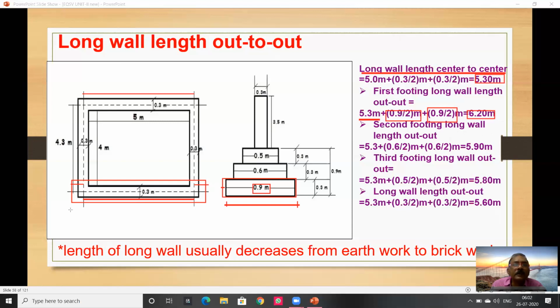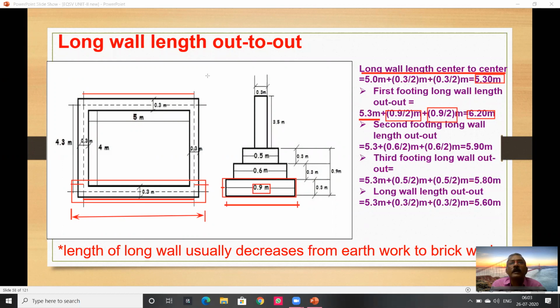If you observe the plan from the top, what is the total length of your first footing? The out to out length of the first footing, how much here? 5.3 plus 0.9 by 2, 0.9 by 2.